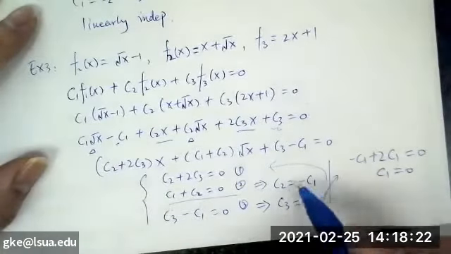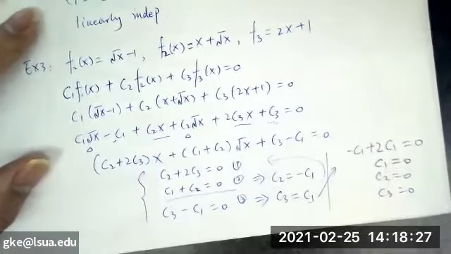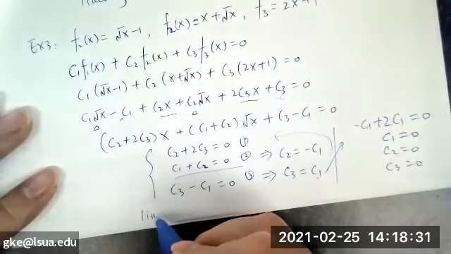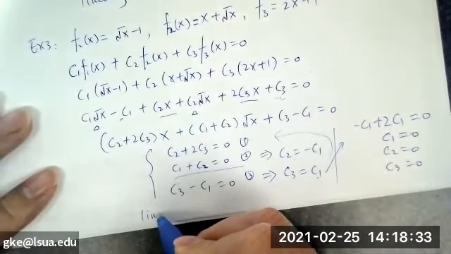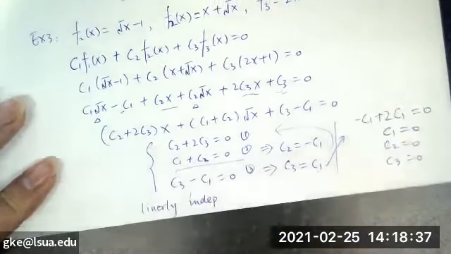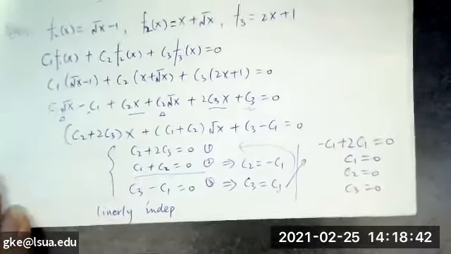After getting C1 equals 0, plugging back, C2 equals 0, C3 equals 0. So we can see these functions are linearly independent.